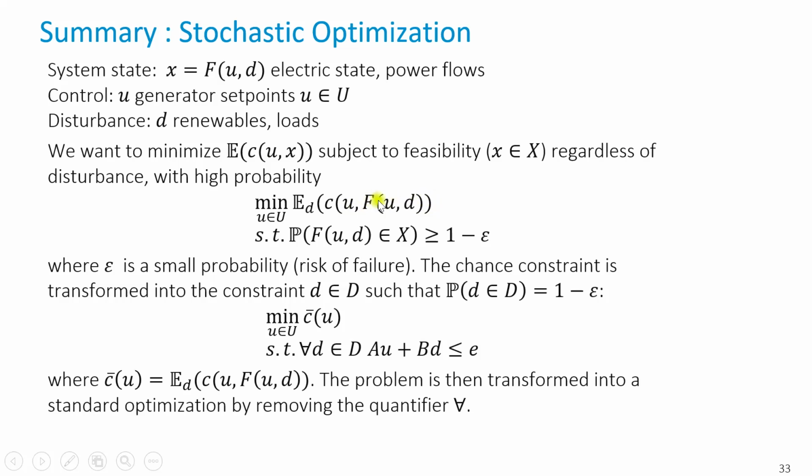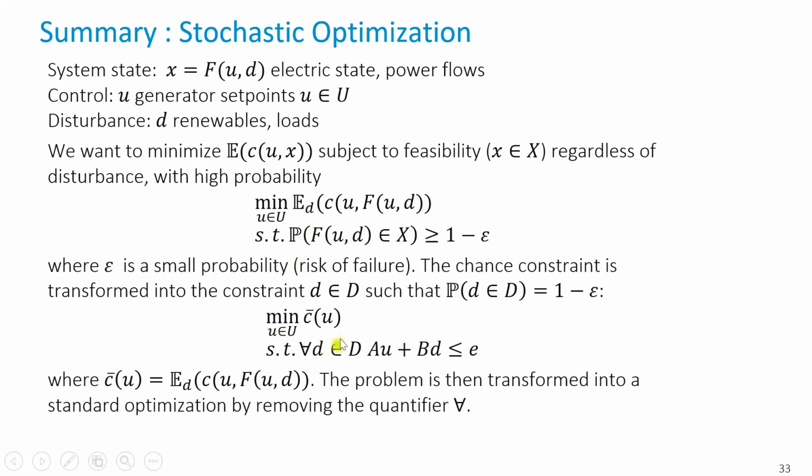We've seen two examples. The first one, when we have linear, everything is made linear. When we have quadratic costs, it already becomes a bit more complicated. And then we replace the chance constraints with some deterministic constraint here.